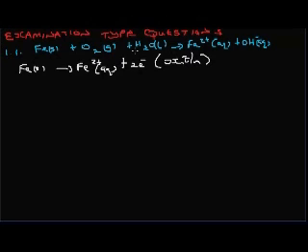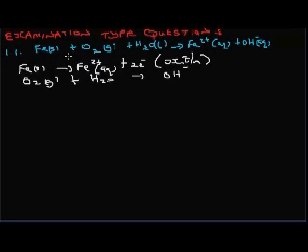Now we can break down the other one, our oxygen plus our water. If we go to our standard reduction potentials, we see that we have oxygen gas plus water being converted to hydroxyl ions. We have just taken it straight from our equation.